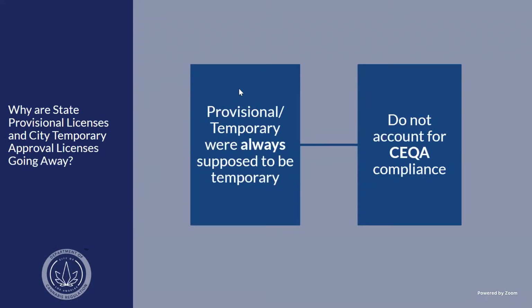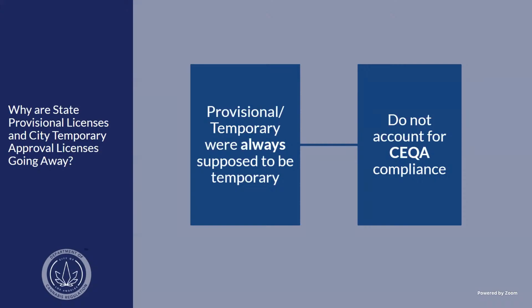In terms of the mechanics, the provisional and temporary licenses were always intended to be temporary. They don't deal with CEQA compliance, which is the California Environmental Quality Act. So in order to get a provisional or temporary approval, businesses did not have to have an adopted environmental document, which is a requirement for the annual application process.